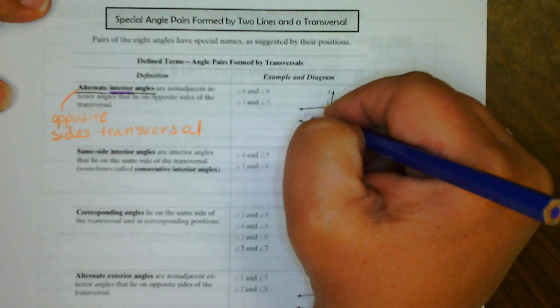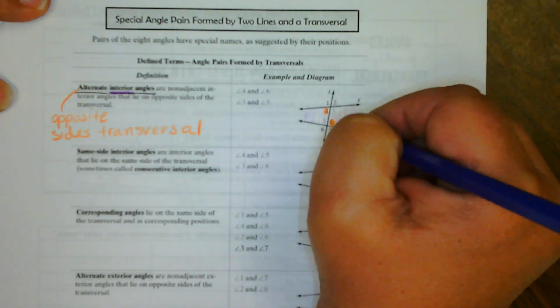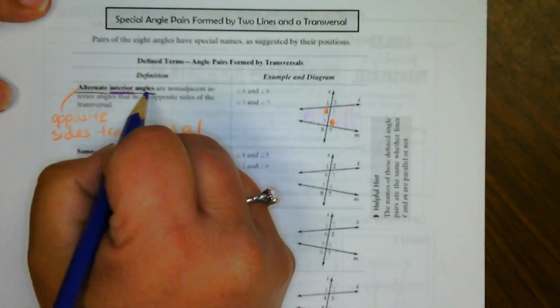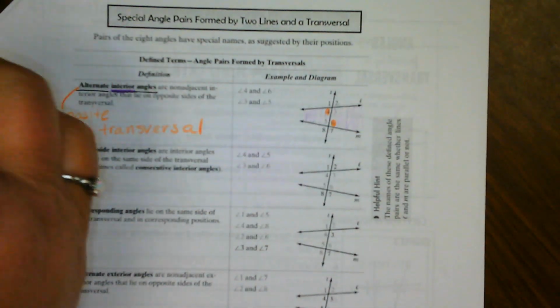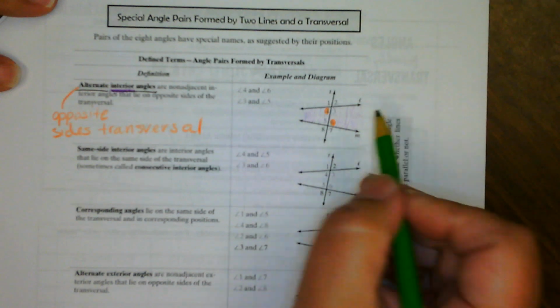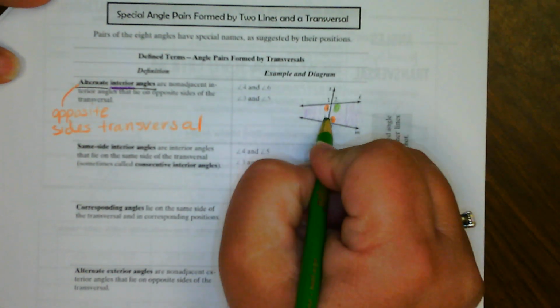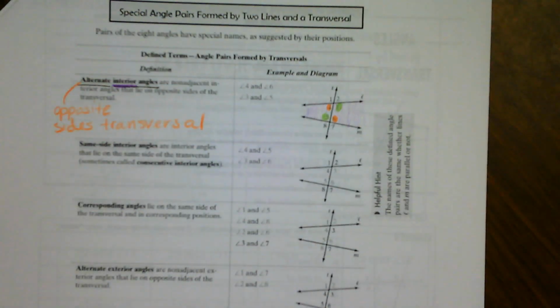So I'm going to color this purple right through here. That's the interior of that. So between the lines, opposite sides. So that's 4 and 6, and then the other pair here is 3 and 5. Okay? We're just going to keep going with this concept.